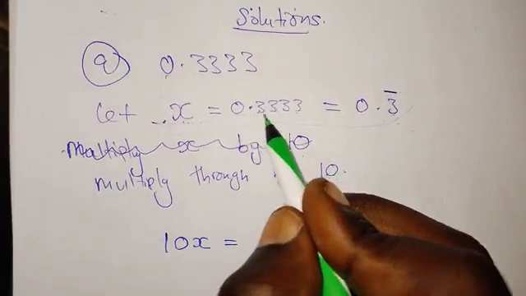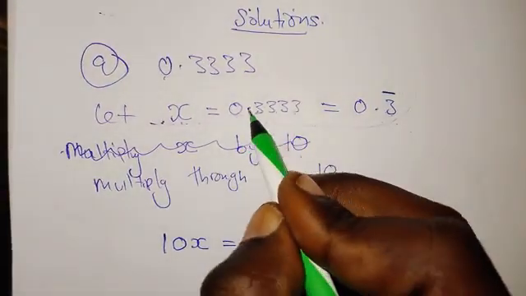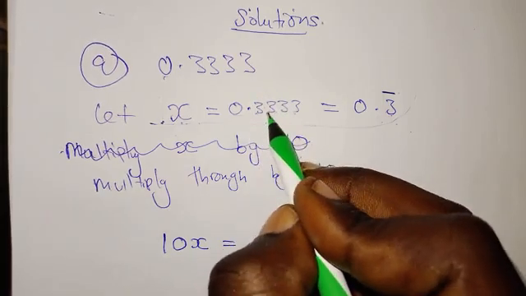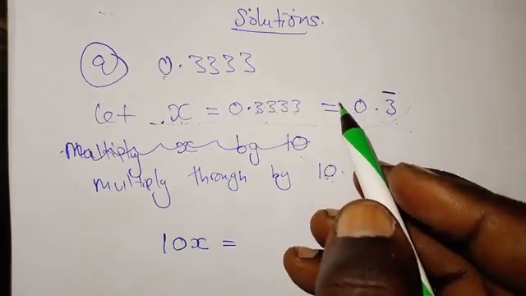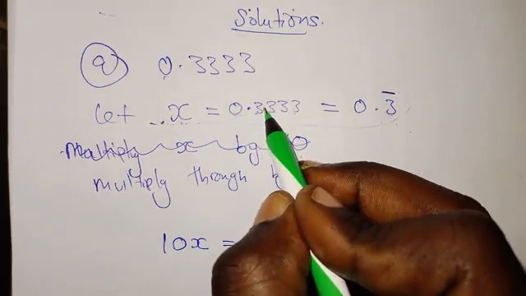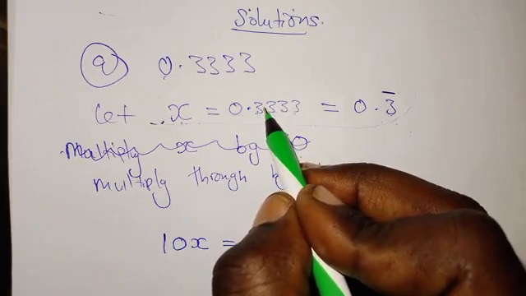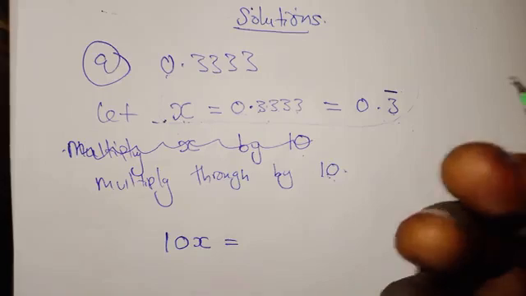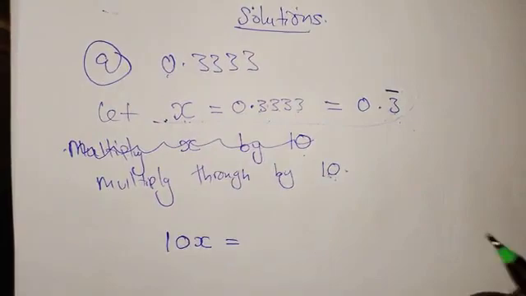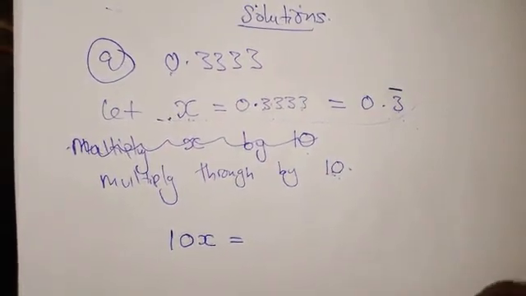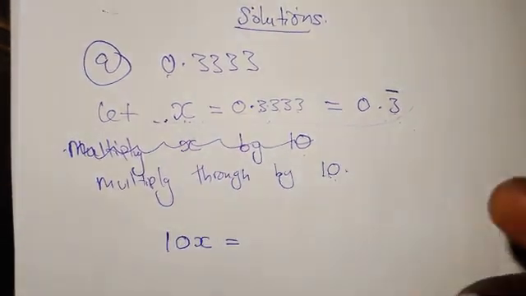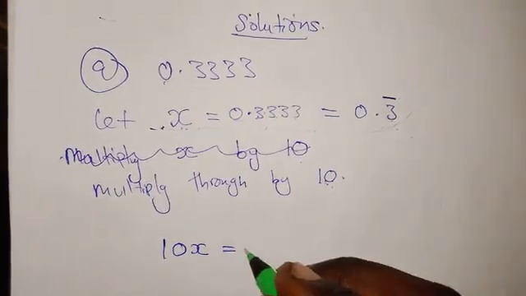If you're multiplying the decimal number by 10, the decimal point will move once to the right hand side. Even if it was school of business, most of the times we're at liberty to use calculators. It's okay, punch 0.333 times 10 on your calculator, and boom, you have your answer.